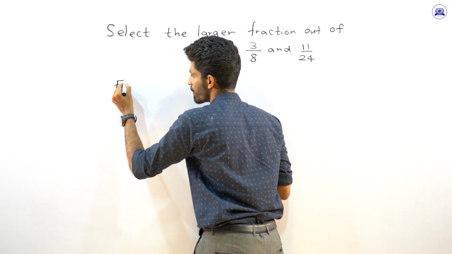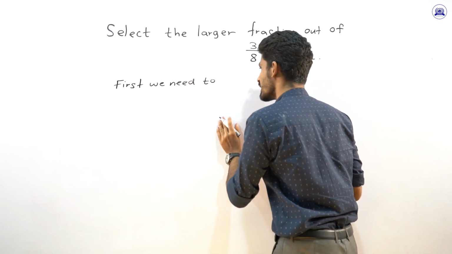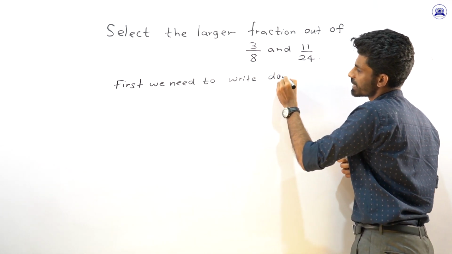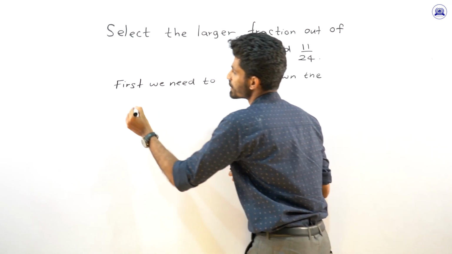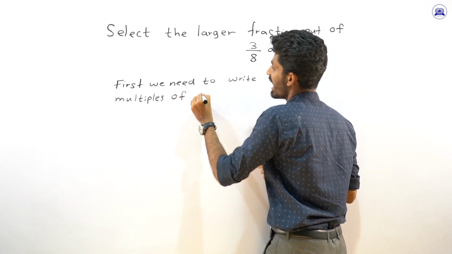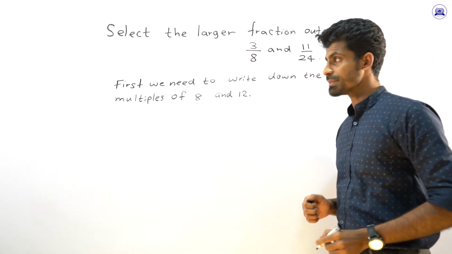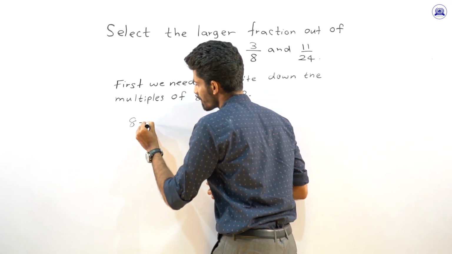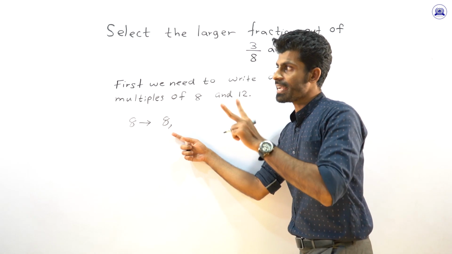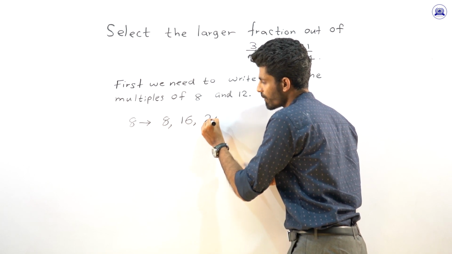So what are the multiples of 8? 8 into 1, 8. 8 into 2, 16. 8 into 3, 24.